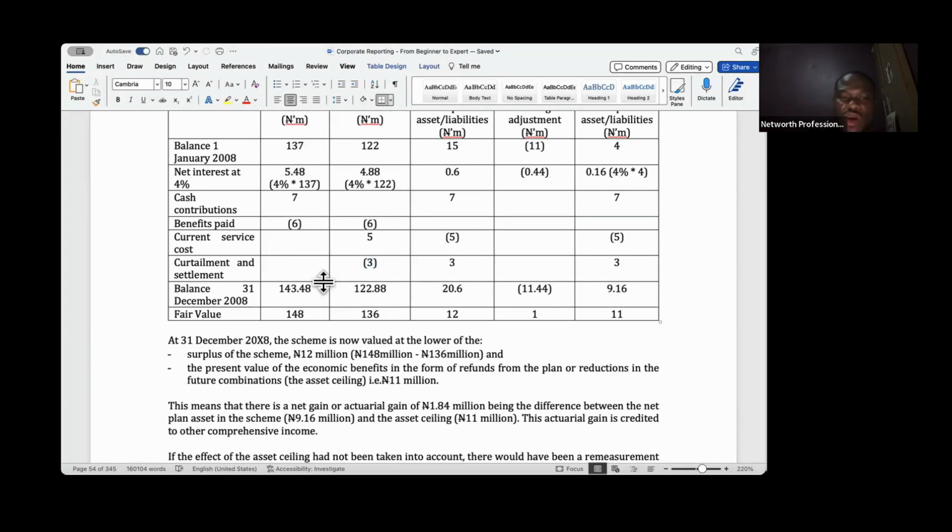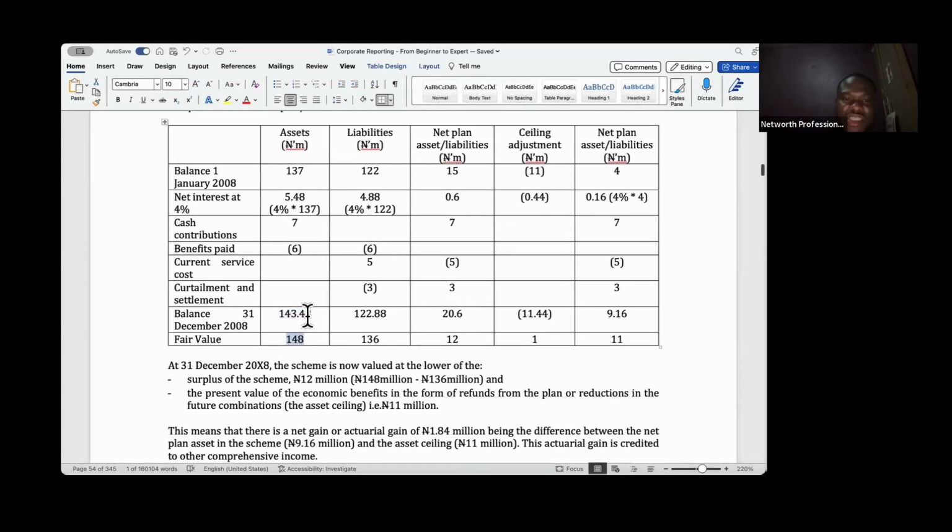So when I accumulate all these figures, I have 143.48. But on the basis of what they actually gave me as fair value at the end, my asset should be 148. And again, when I accumulated all these liabilities, it gave me 122.88. But the actuary is saying, no, it should be 136.